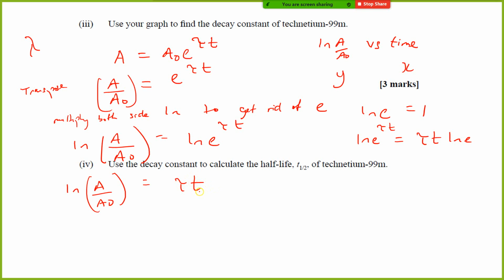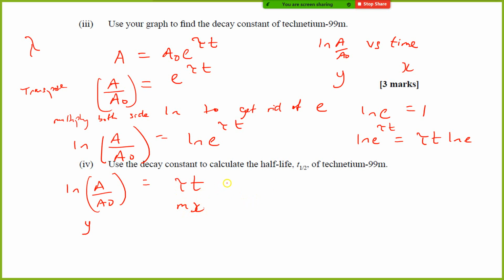Technically speaking, to use the graph to find the decay constant simply means for us to find the gradient, because clearly this is my y variable, t is my x variable. Then whatsoever is remaining beside it becomes my gradient value, since we're now linearizing this equation.